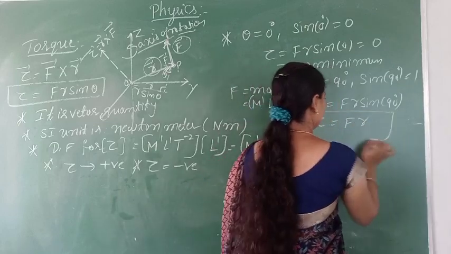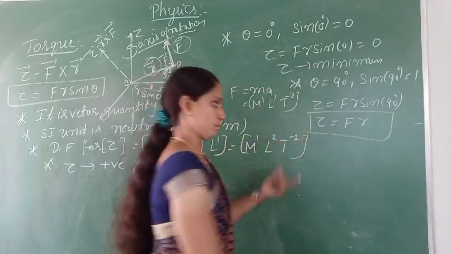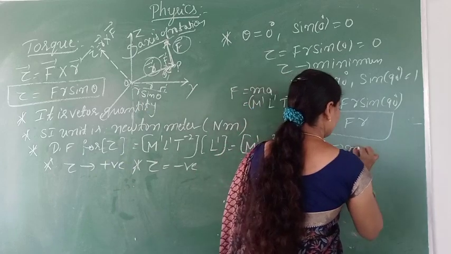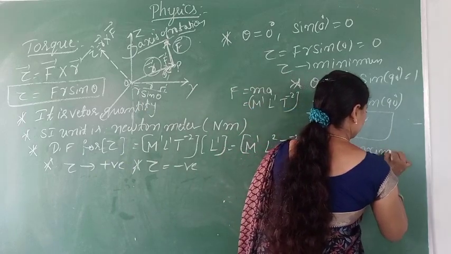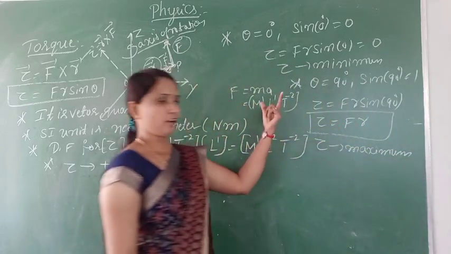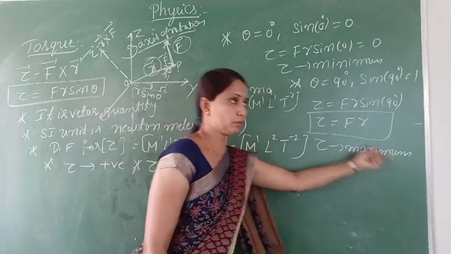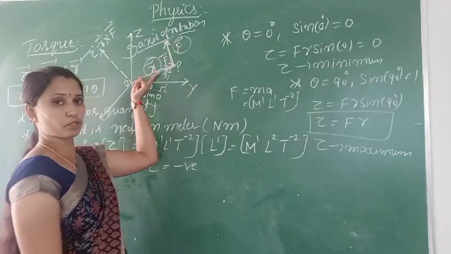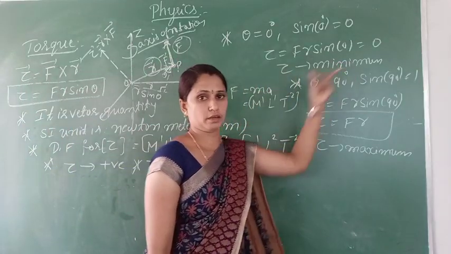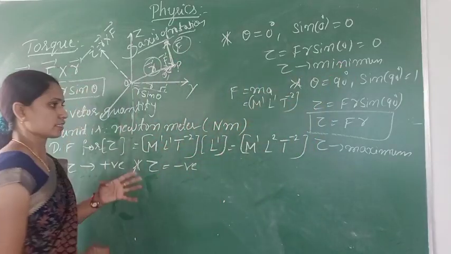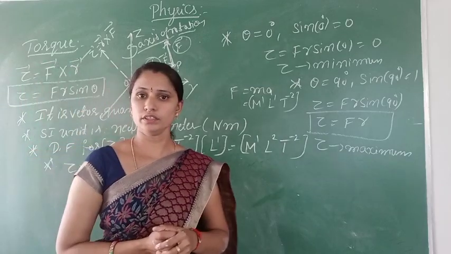So torque becomes maximum. When F is perpendicular to the position vector, tau becomes maximum. When F is parallel to the position vector, torque becomes minimum. These are some of the important points related to torque.